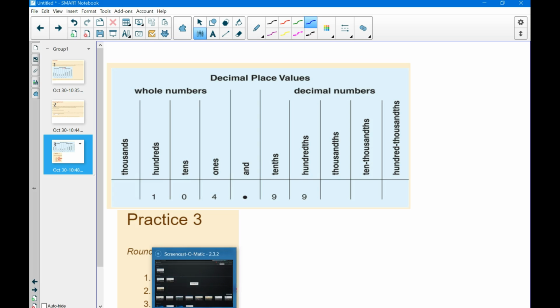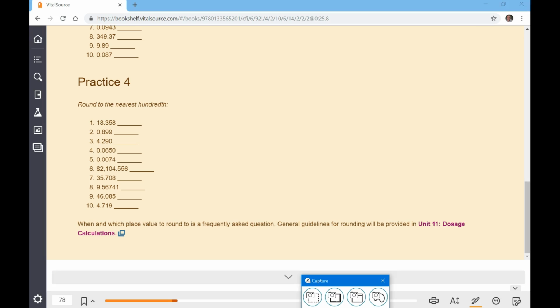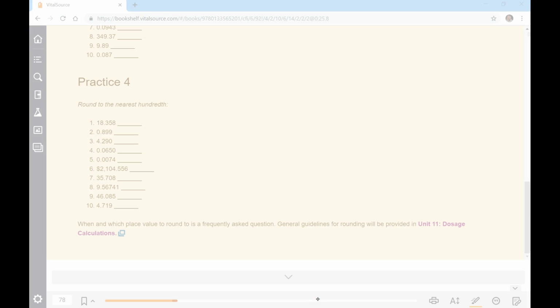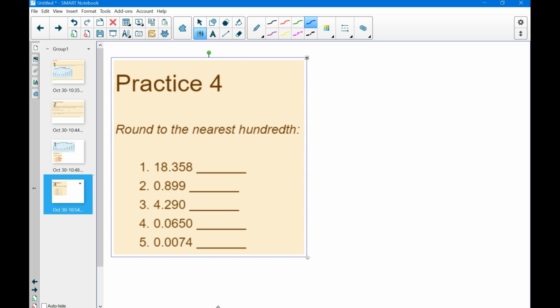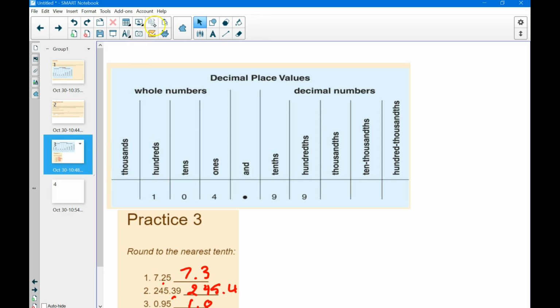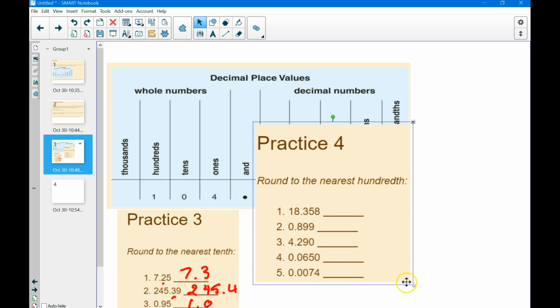Let's look at one a little more challenging. So this one is round to the nearest hundredths.